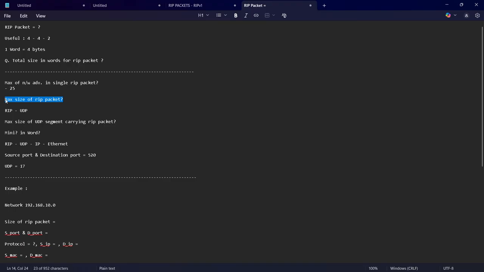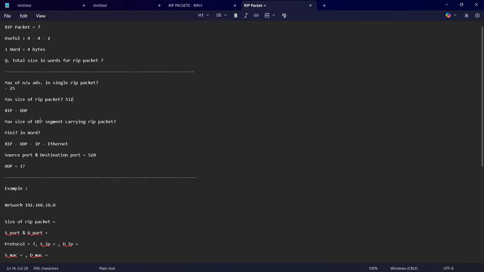But as we know, that RIP further encapsulates into UDP. So there is also UDP header that is going to be added with this value of our 504. So we will add the 8 bytes of the UDP header.